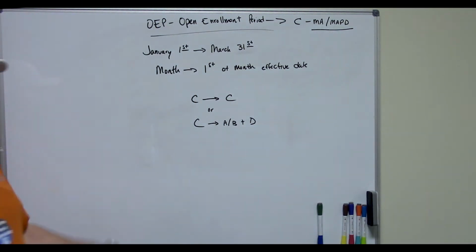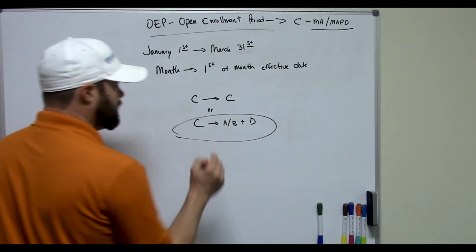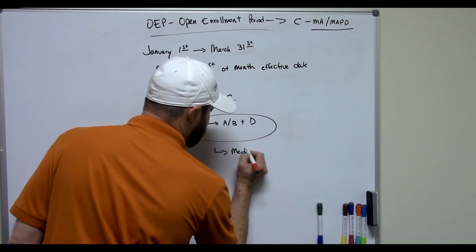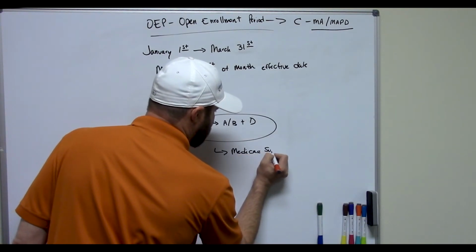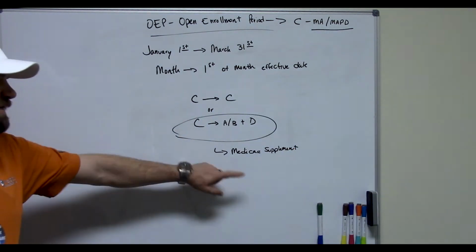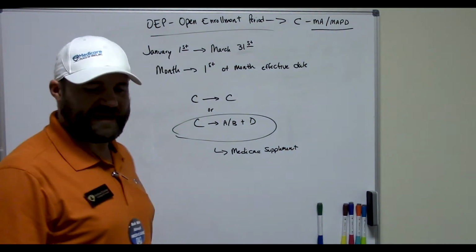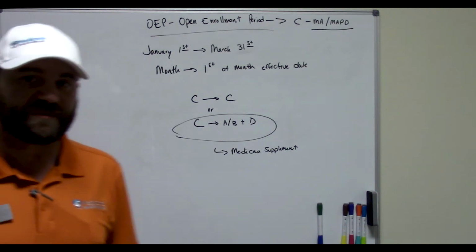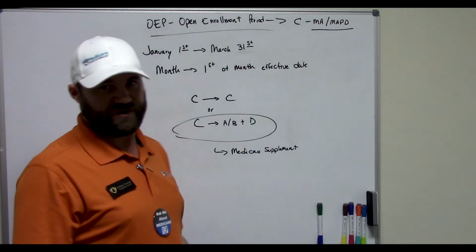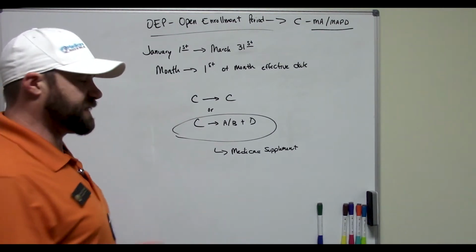Now, knowing that, if you go this route, you also would probably want to add a Medicare Supplement. However, except for certain circumstances, Medicare supplements are underwritten outside of a guarantee issue period, whether that's the initial enrollment period or a guarantee issue period that's triggered from loss of coverage, a move, other things like that.